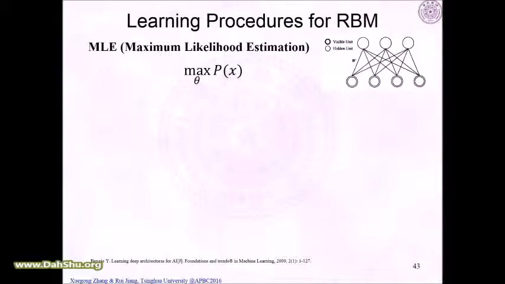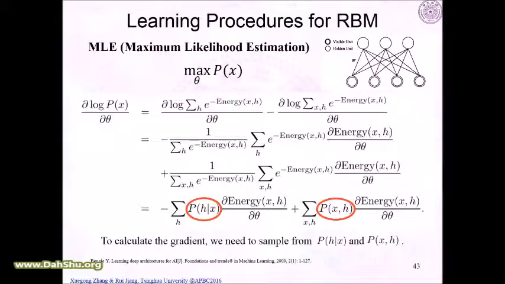We can use maximum likelihood estimation. That is, we maximize the joint probability of the values of the visible nodes, and to solve the maximum likelihood estimation, we take the derivative with regard to the parameters. With some derivation we can get this. We need to estimate this probability, right?